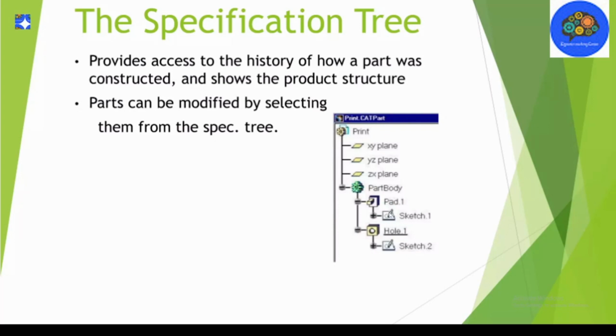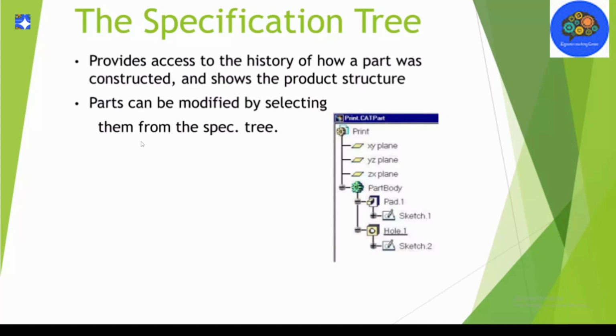If you use the pad operation, 2D objects can be converted into 3D objects. There is a hole present in the extruded part. That's why it has a second command for that hole.